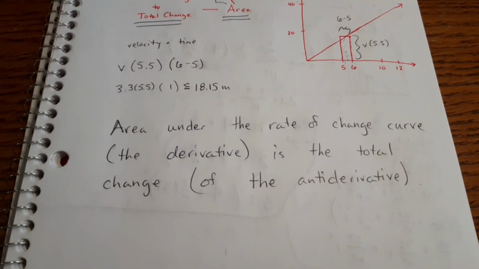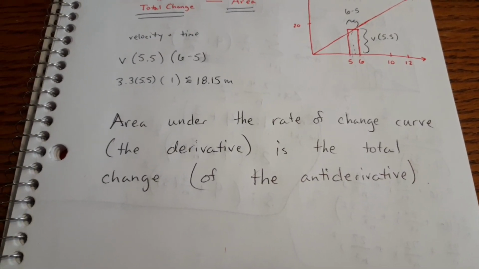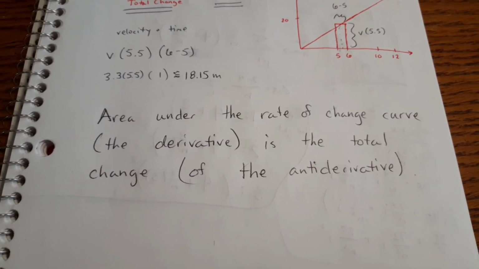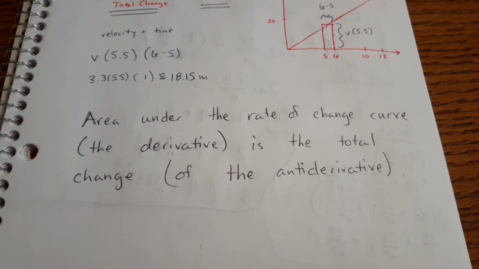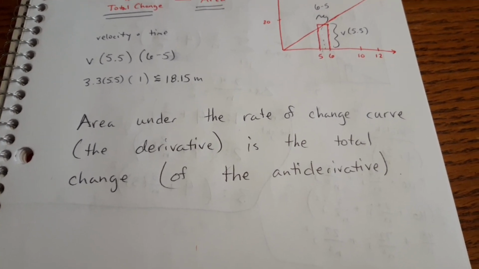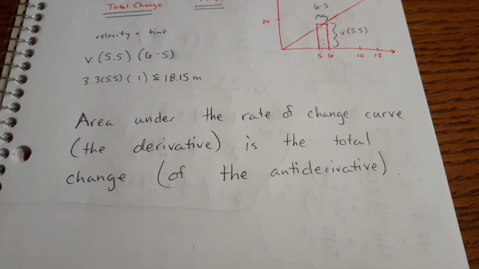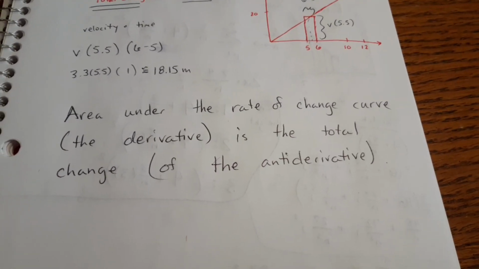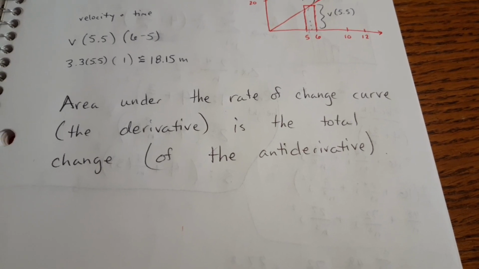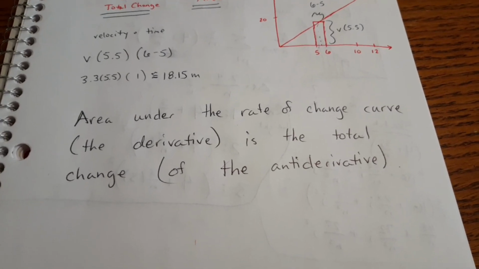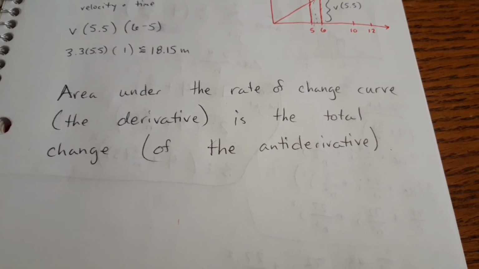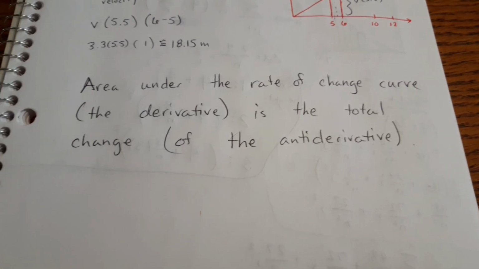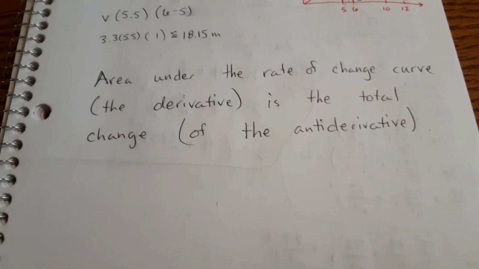And so I wrote that down: area under the rate of change curve, which is the derivative, is the total change of the antiderivative. And so those two pieces are connected in that way. So that makes some really cool things happen. It means that we can use strategies where we find antiderivatives to find areas under the curve.